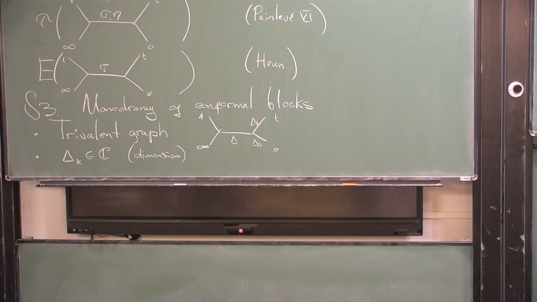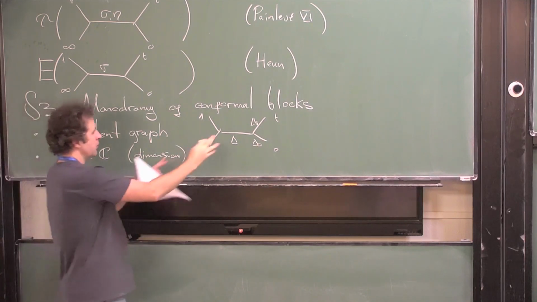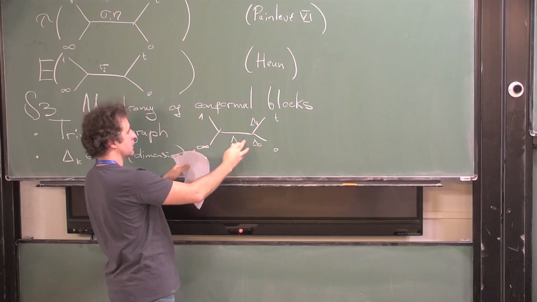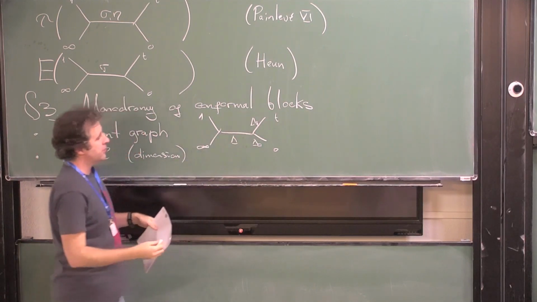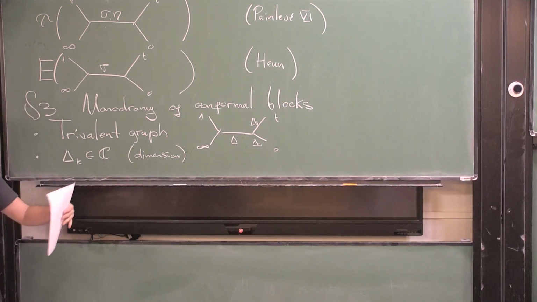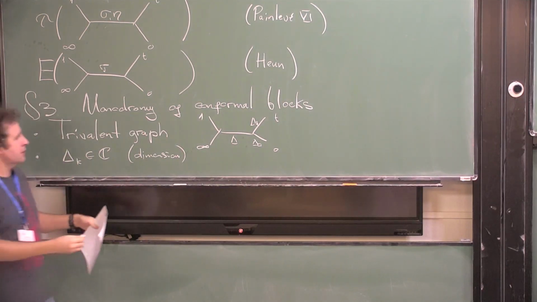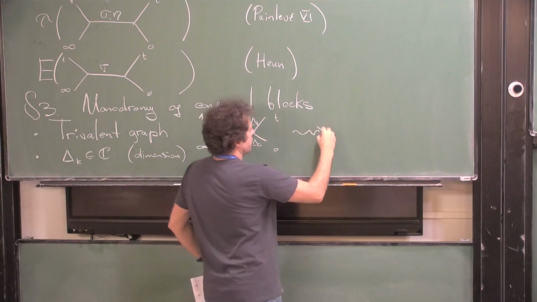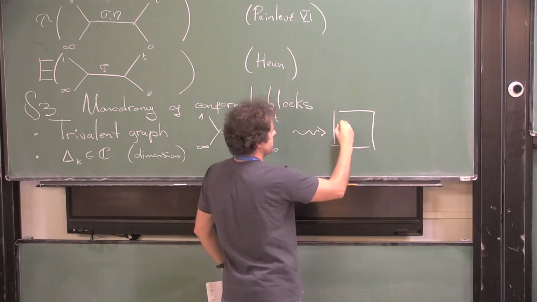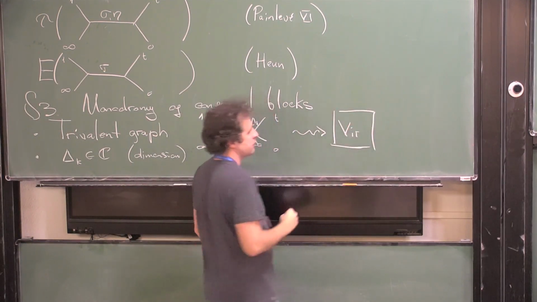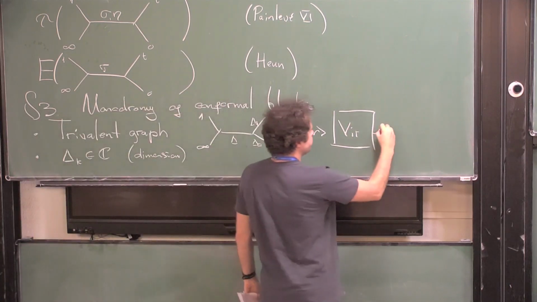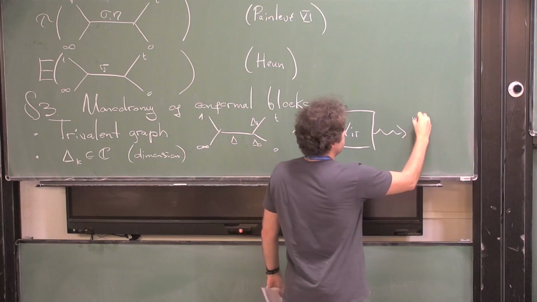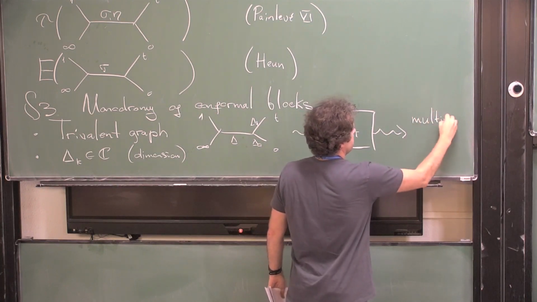And so basically what you do is that you feed this kind of data, the graph with all this labeling, to, well, CFT machinery, or which is essentially the representation theory of the Virasoro algebra. And this gives you a certain multivariate series.